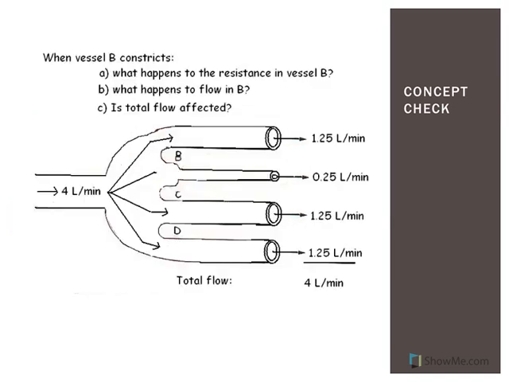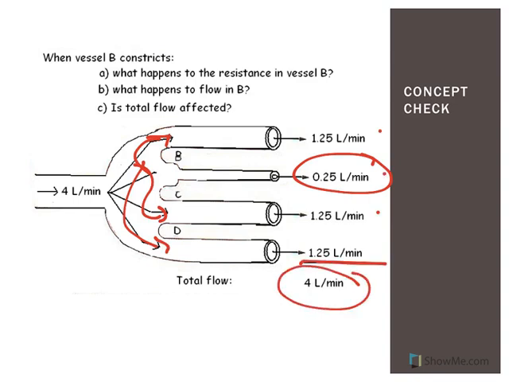Let's go. So notice, flow rate in B decreased because you increased resistance. What happened is we've diverted some of that blood to the other vessels. So these increase. When you do the math, they still end up with 4 liters per minute. So total flow didn't change.